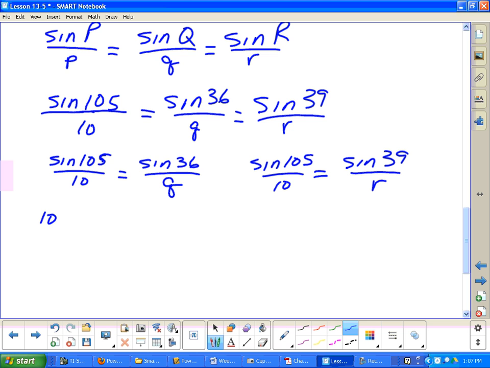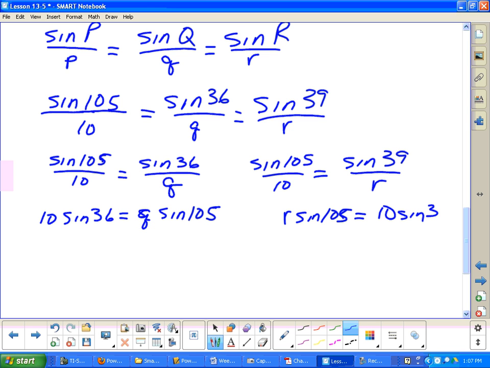So 10 sine of 36 equals Q sine of 105. R sine 105 equals 10 sine 39. Cross multiply, and then in both cases we're going to divide by the sine of 105.